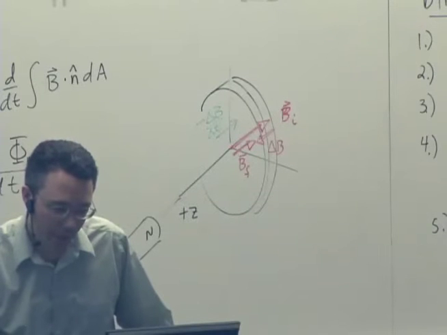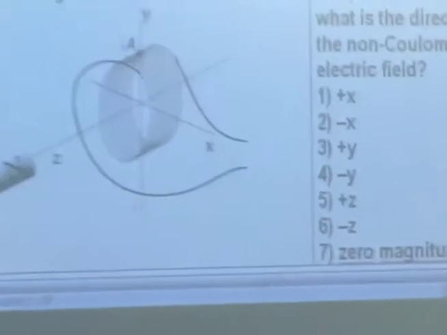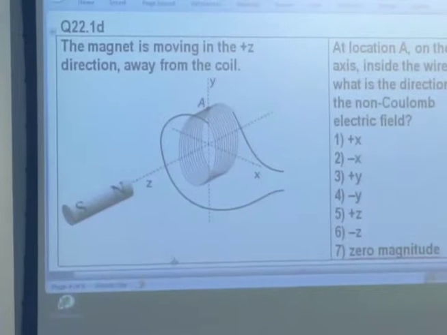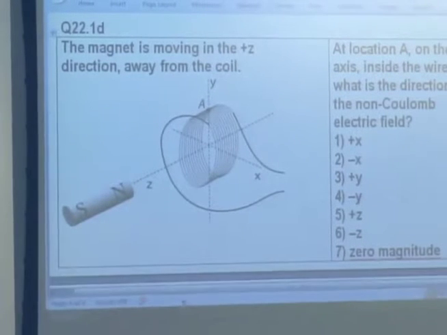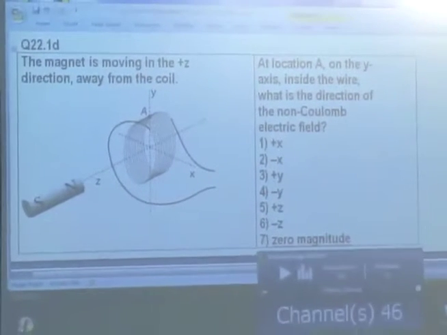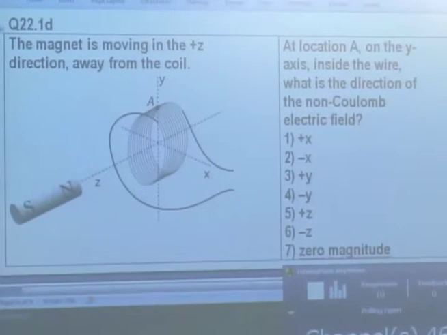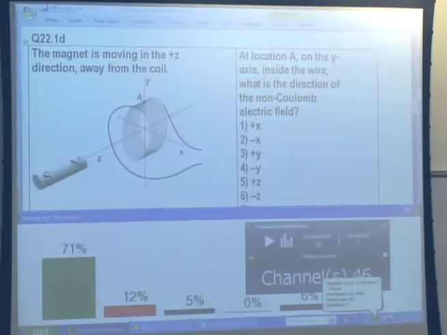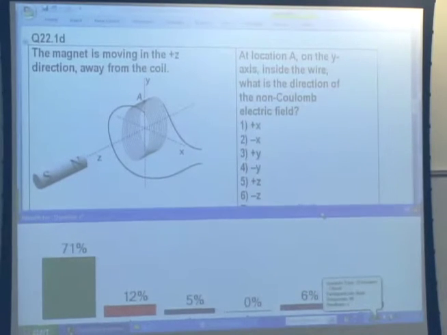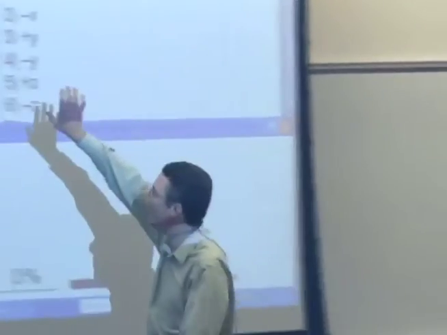So then finally we can ask, at location A, which is at the very top of the coil here on the y-axis, we're doing the same thing. We're still moving this bar magnet away. What's the direction of the non-Coulomb electric field at that particular location? So it's got to be the positive x direction, right? Because the thumb is pointing into the board. We've got the direction of negative dB dt, pointing along the negative z direction.